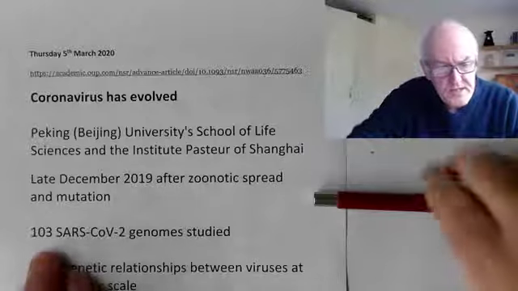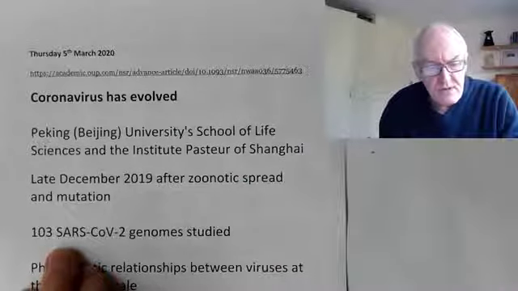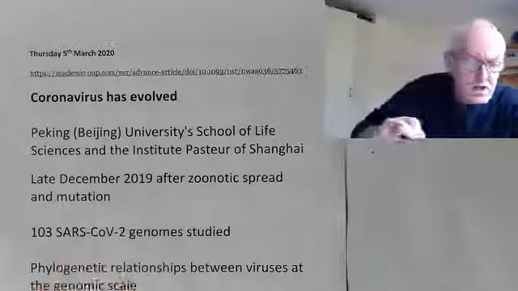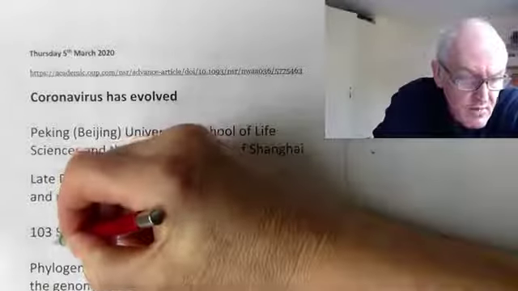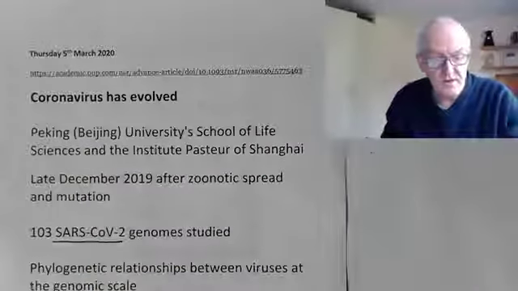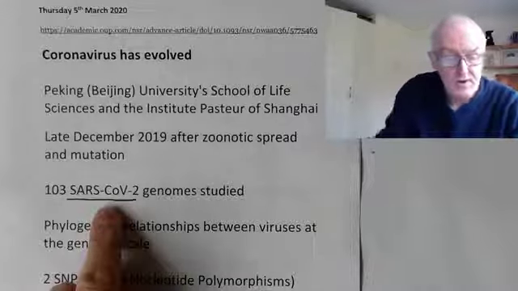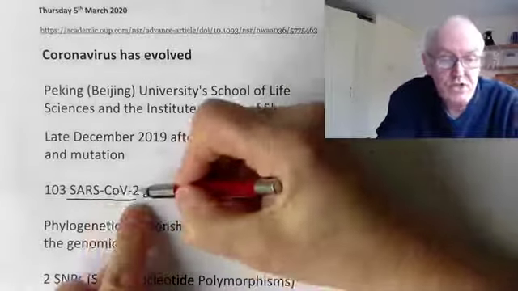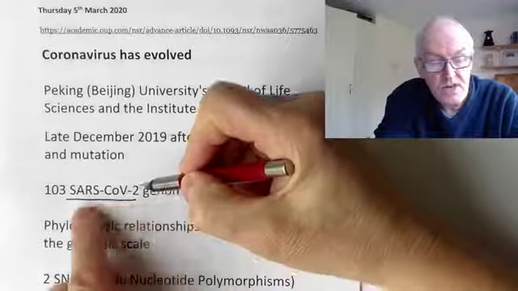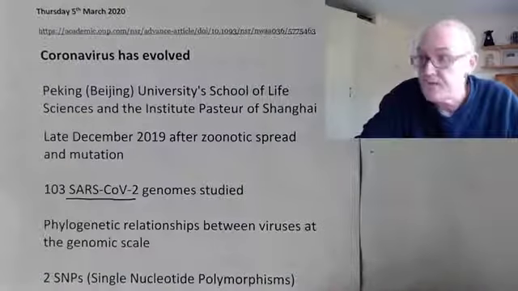Now, these scientists in China took 103 copies of the SARS-CoV-2. This is the name of the virus that causes COVID-19. So, severe acute respiratory syndrome coronavirus 2. Now, the SARS-1 coronavirus was the one that caused the outbreak in 2002-2003.